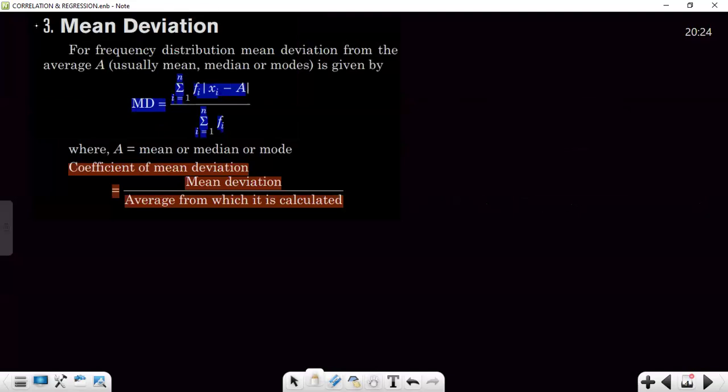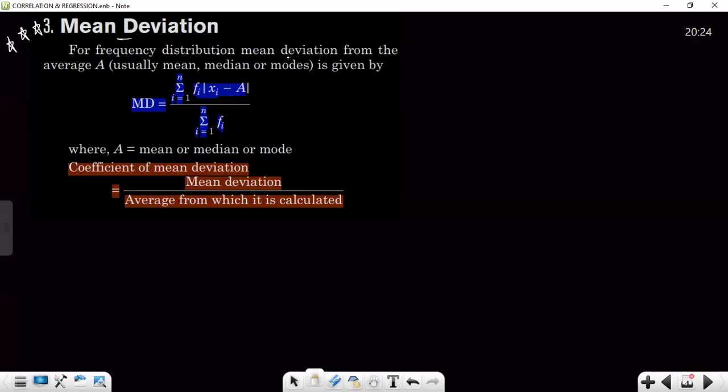Very important. We are talking about deviation, deviation of certain data about its mean. That is, how the data is deviated from its average, which is its mean or median or mode. So we will talk about its deviation. Okay, so let's read the definition.